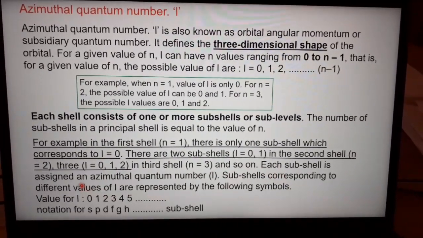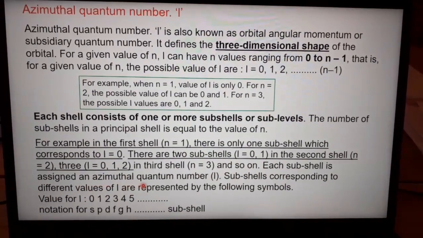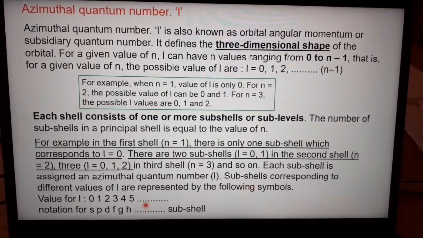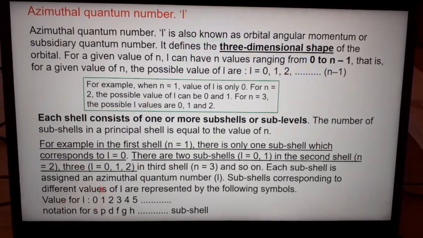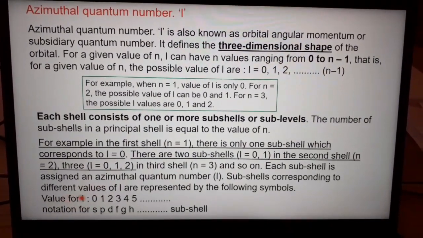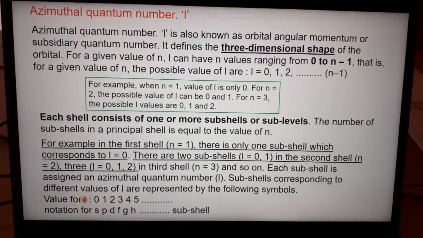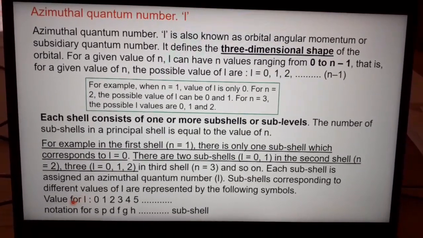Each subshell is assigned an azimuthal quantum number L. The subshells correspond to different values. Now how can we get these different values? First we need to know the n value, and from the n value we can find the different L values.